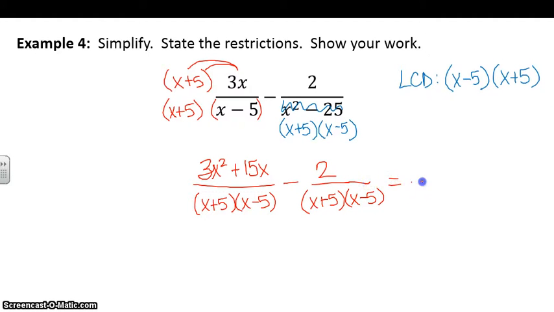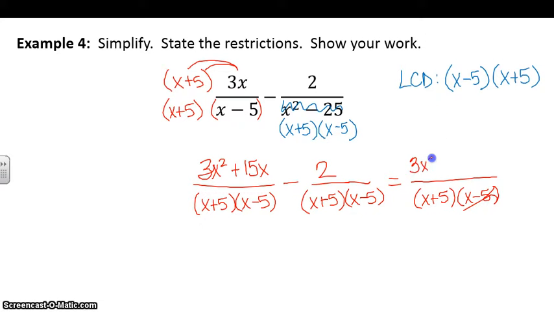So now let's make this one fraction. So the denominator just carries over. Okay, so then I'm going to subtract like terms, but if you look here, I have a 3x squared, a 15x, and a 2. None of those are like terms, so then I'll just put it in standard form.